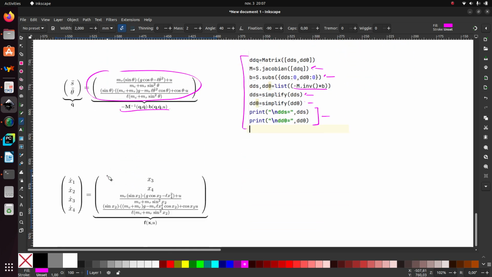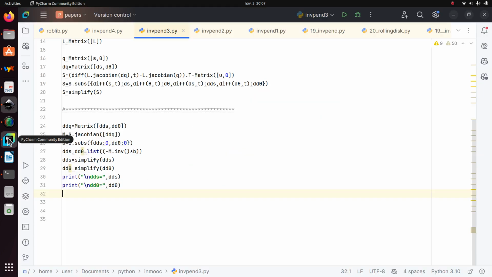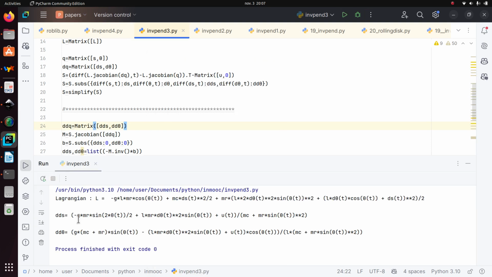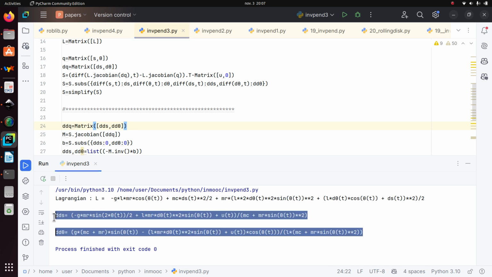Then I will be able to get my state equation using this, and this corresponds to a copy of this, and I have renamed x as q dot. Okay. I take SymPy here, I run the expression, I compute my Lagrangian, and I obtain the expression I have just shown a few seconds before.